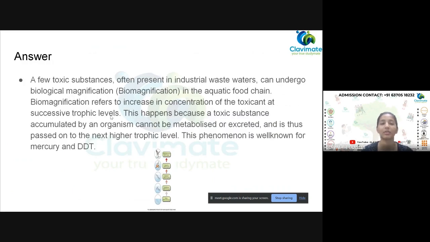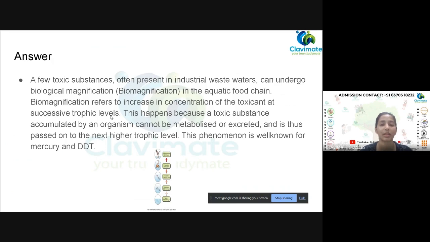See this chart in the picture which I have added. From the water body and all, you can see that there is a food chain. There is a toxic substance which is being accumulated by the organism. See, there's a difference between the trophic levels.